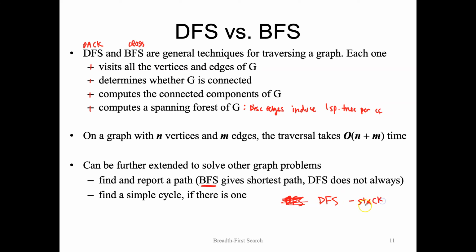We mimicked this with the recursion stack. And this stack is just keeping track of which vertex to visit next. So we push a vertex onto the stack that we say we're going to visit this one next, and then we pop a vertex off of the stack, and that's the vertex that we do visit. And breadth first search can be implemented using a queue. And again, we mimicked this using just a list. This was our layering scheme.